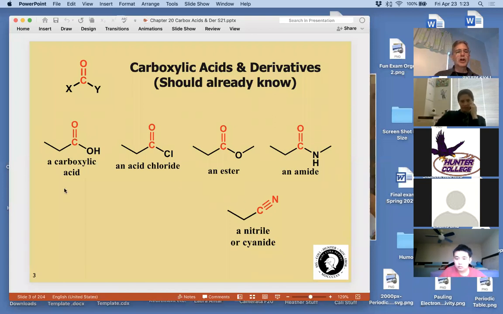Here are the ones where it's carbon. So we've got carboxylic acids, acid chlorides, esters, amides, and nitriles, and you should all be familiar with these. And the carbon of the carbonyl group is at the same oxidation state in all of them. That's why they're so related.